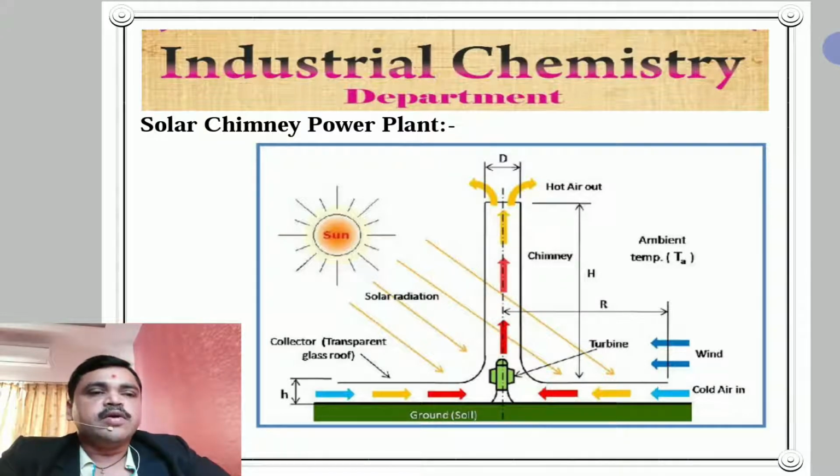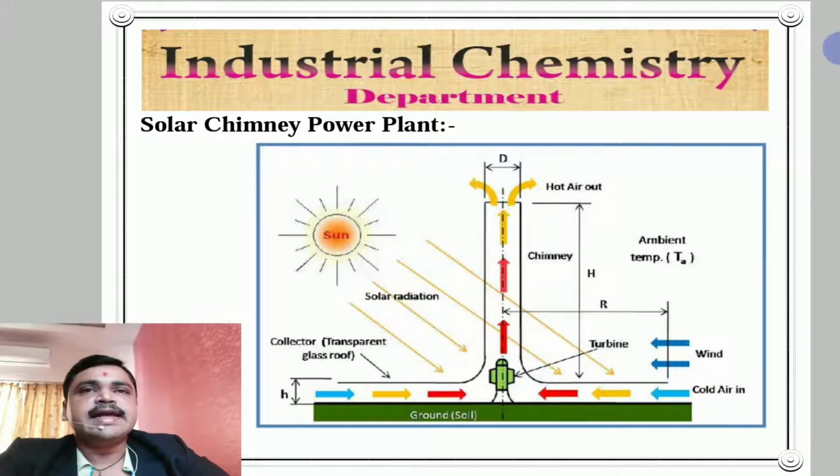The only solar chimney power plant built so far is a 50 kilowatt plant in Spain. I will give some details of this plant. It has a 200-meter high chimney with a constant diameter of 10.3 meters.